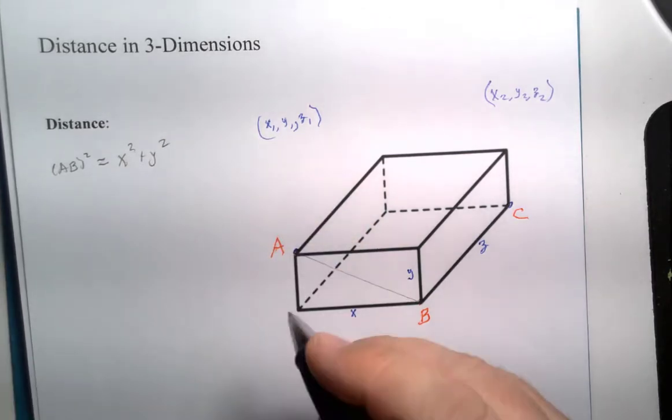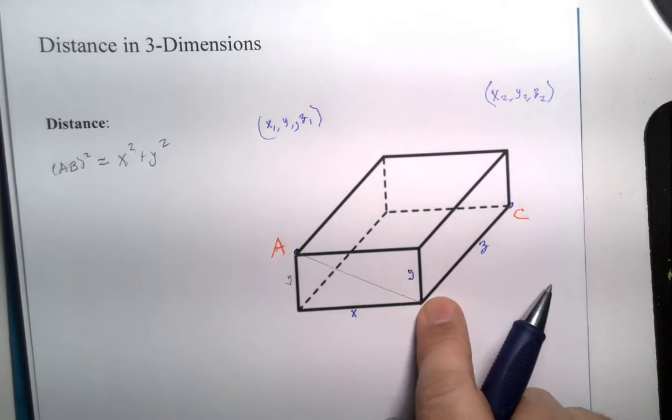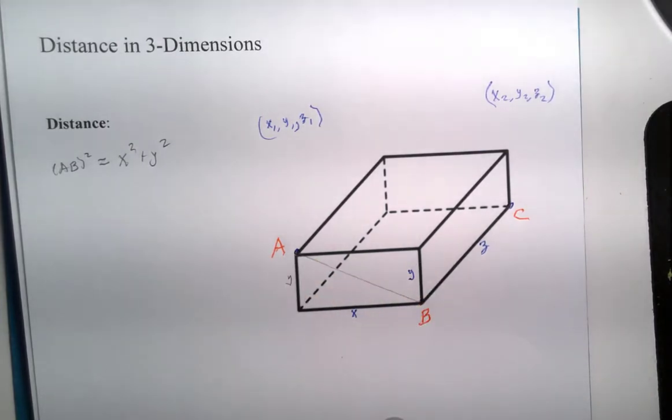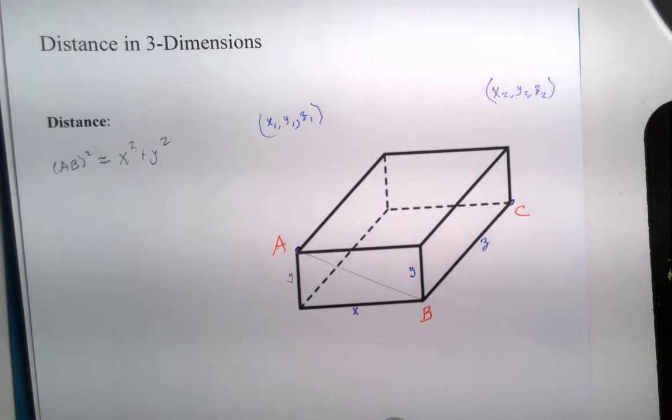So we have x, y, third dimension. So we use what we commonly call Pythagorean's theorem, but you know there are other names for that, especially if you're searching around some of the really solid math websites out there.